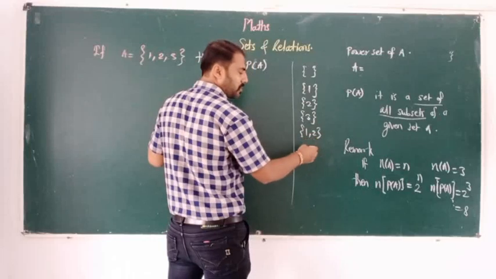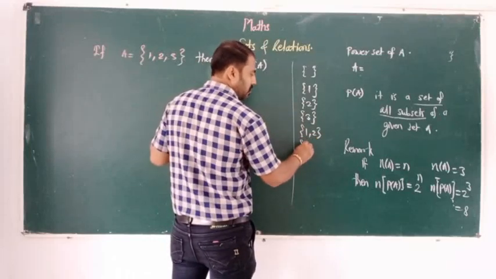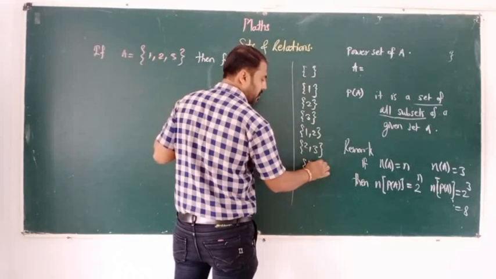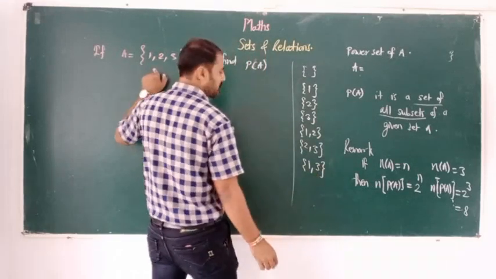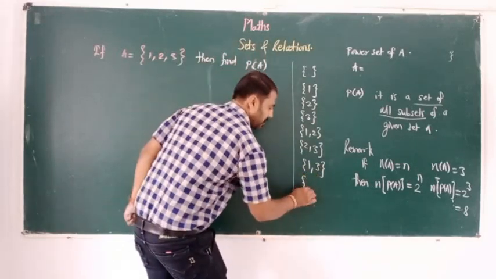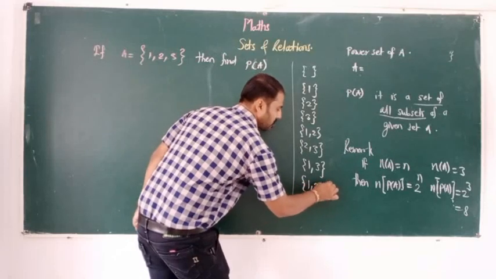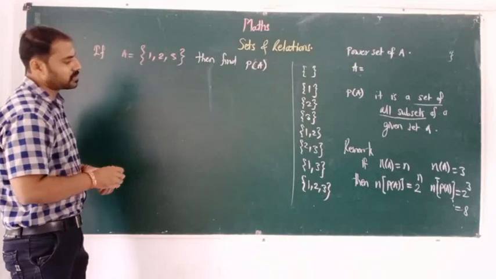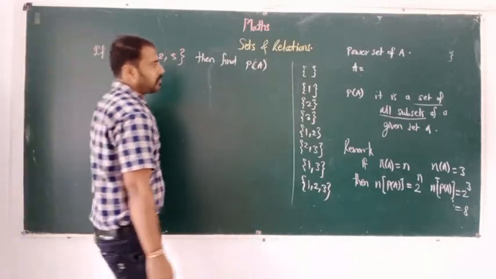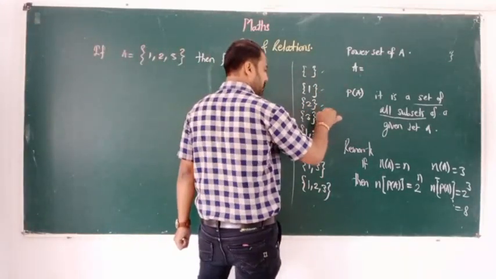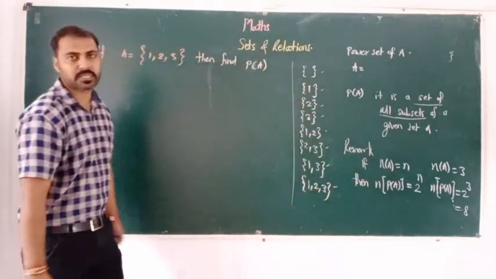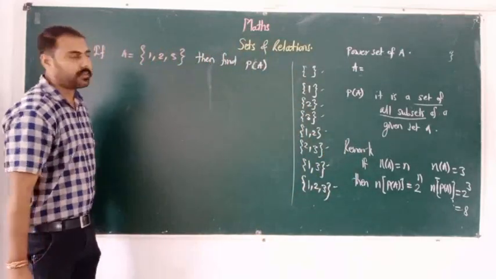The set 1, 2 is also a subset. 2, 3 is also a subset. And 1, 3 is also a subset. And the set itself is also a subset of the given set. How many sets are written here? 1, 2, 3, 4, 5, 6, 7, 8. So we have written all the subsets of the given set A.